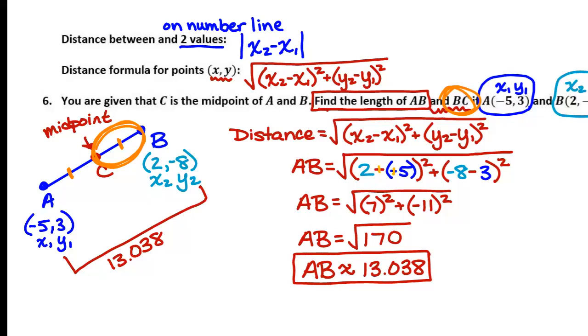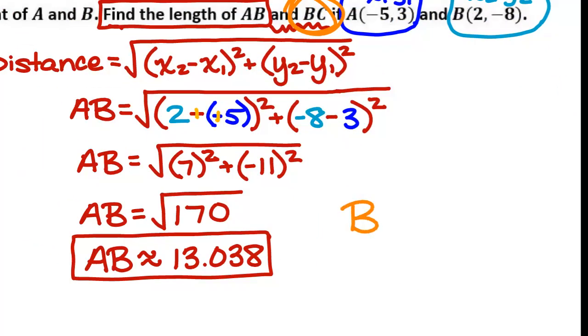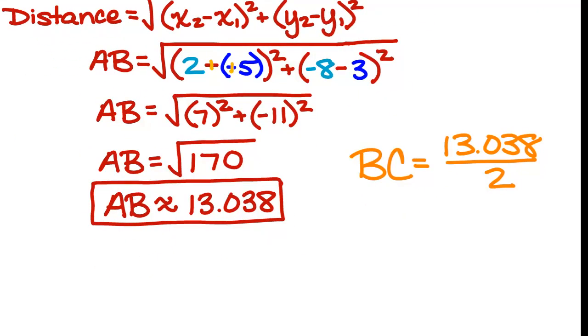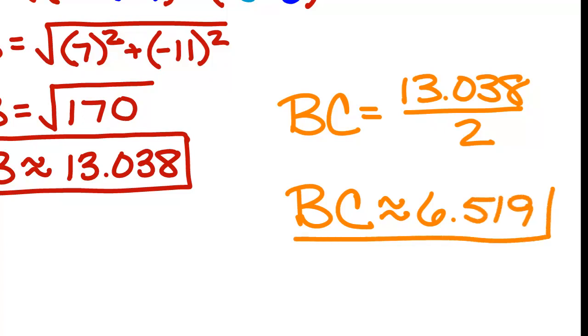We're going to cut it in half because this is half of the whole line segment. So for BC, we're going to take 13.038 and cut it in half. Divide it by 2. And what do we get when we do that? 6.52 or 6.519, depending on how you rounded that.